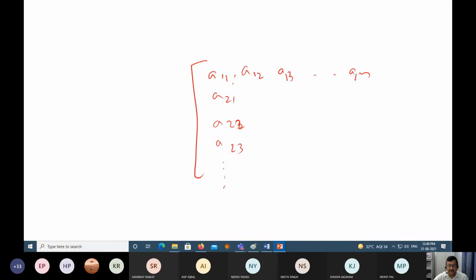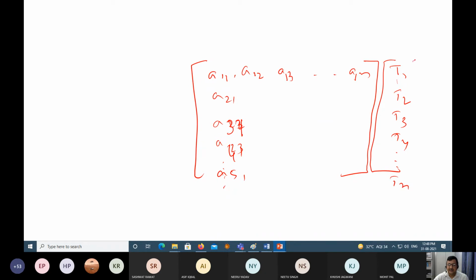A11, A12, A13, A21, A31, A41, A51, something like that. Now this matrix, then you have this multiplicative factor, that is T1, T2, T3, T4 until Tn. This is equal to, say, suppose 0.